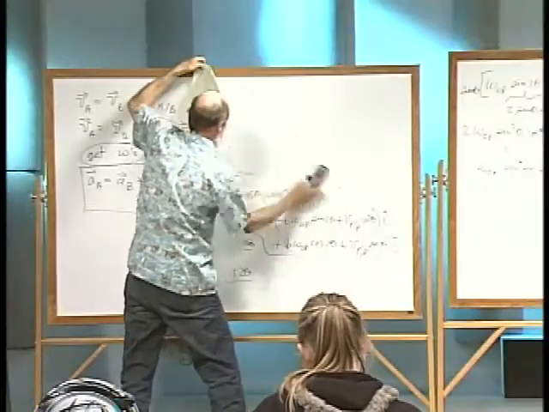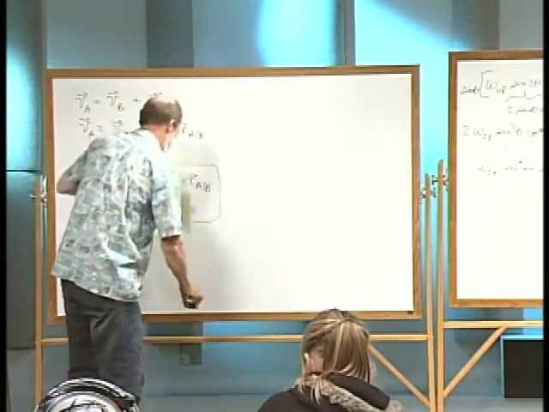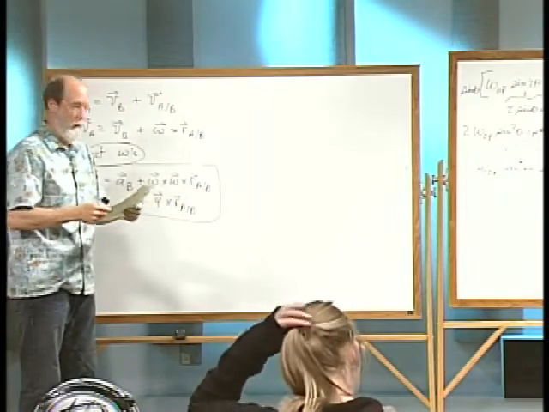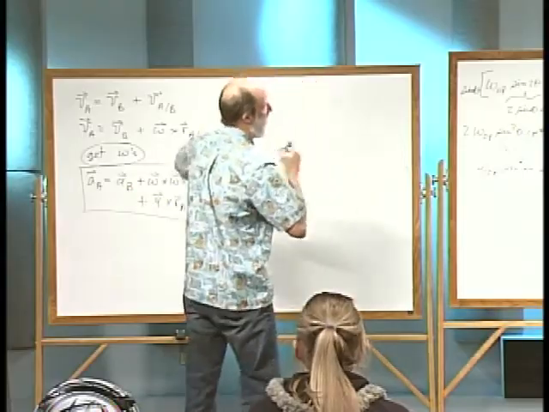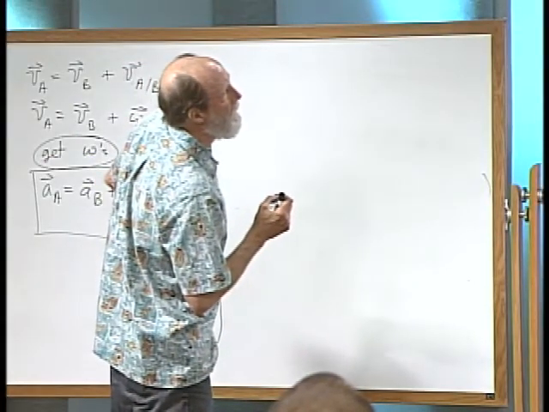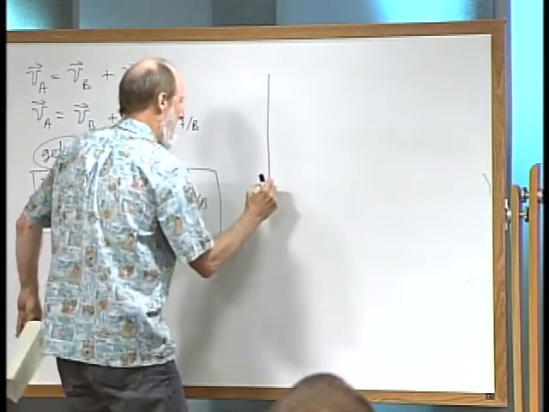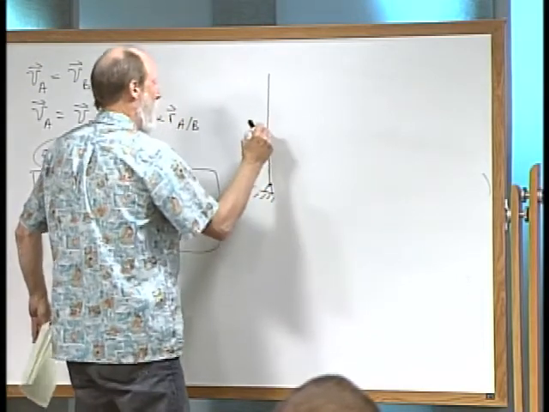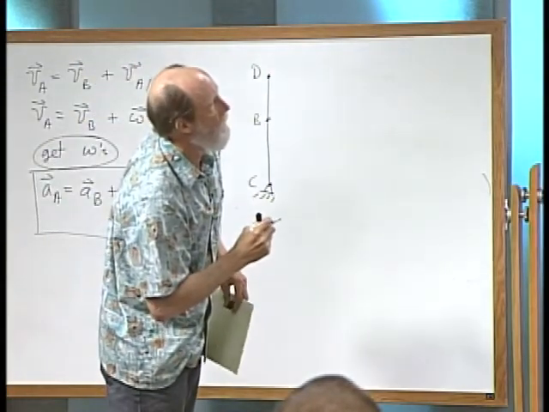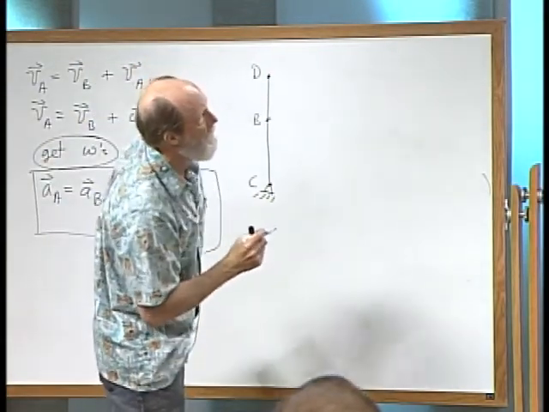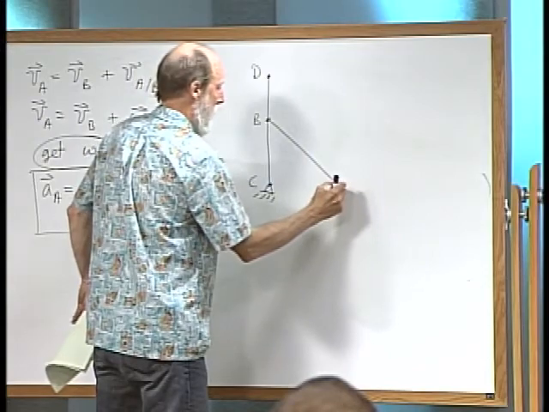The first page of the handout I gave you did the velocity problem in detail by a vector approach. We have the mechanism shown up there, and I'll draw it on the board here. We have CBD, and it's hooked onto member AB, and this is pinned over here.